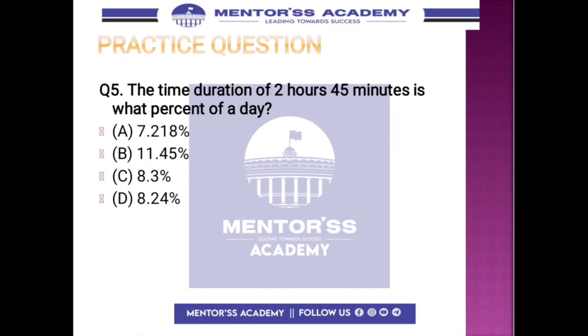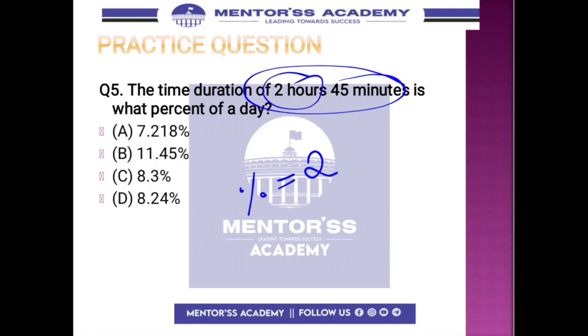The time duration of 2 hours 45 minutes is what percent of a day? Let's understand. What percent of a day, they asked. So percent equals 2 hours, it's already in hours, plus 45 minutes. Let's convert this to hours: 45 by 60.